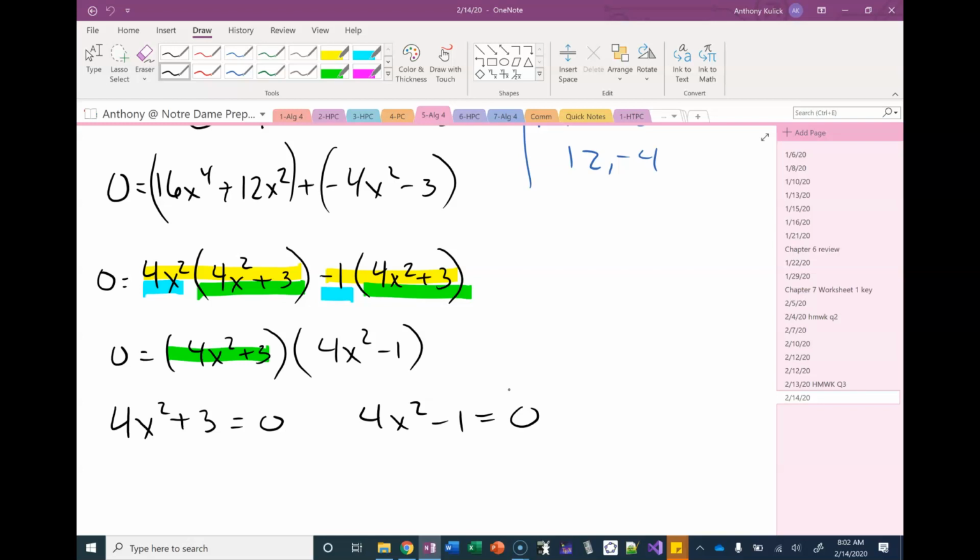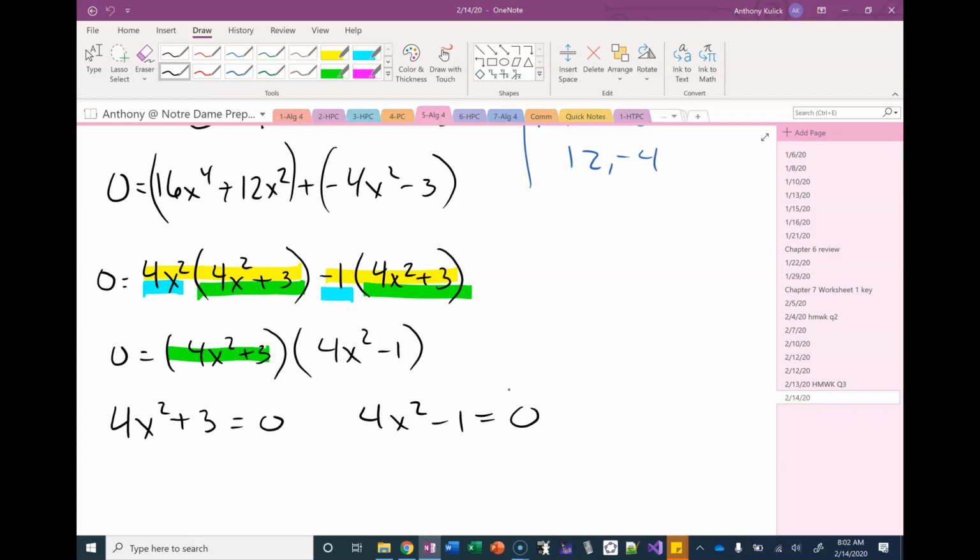What's going to be the easiest choice in this situation? So I would solve it directly because each of these quadratics has no x. They just have x squareds. So I can just move everything to the other side and square root both sides, right?